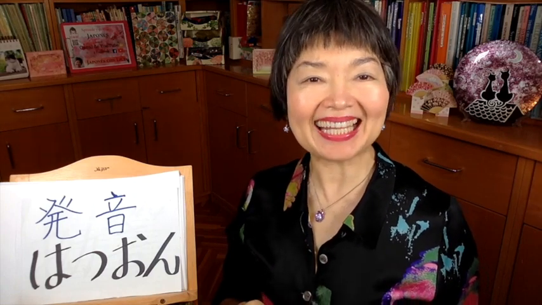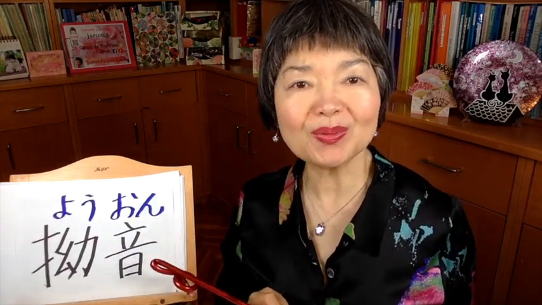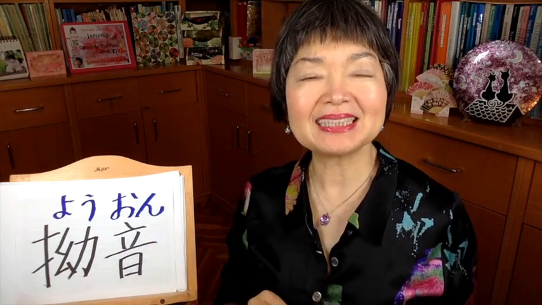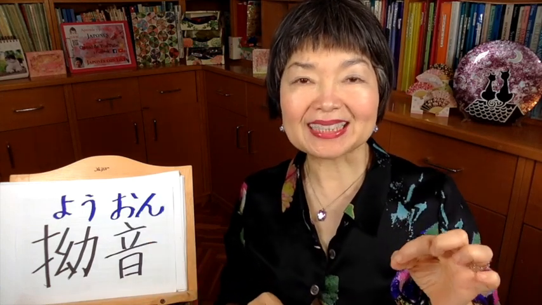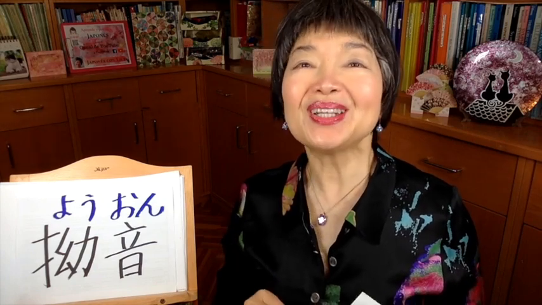Today's video is vocabulary number 29 about 発音, pronunciation, and especially about 拗音, it means the small letters. There are three: ya, yu, yo.